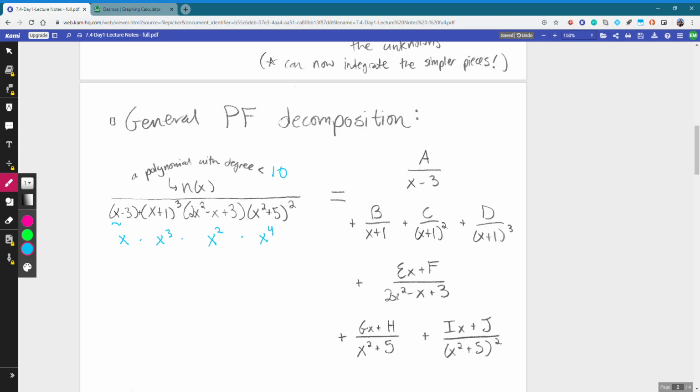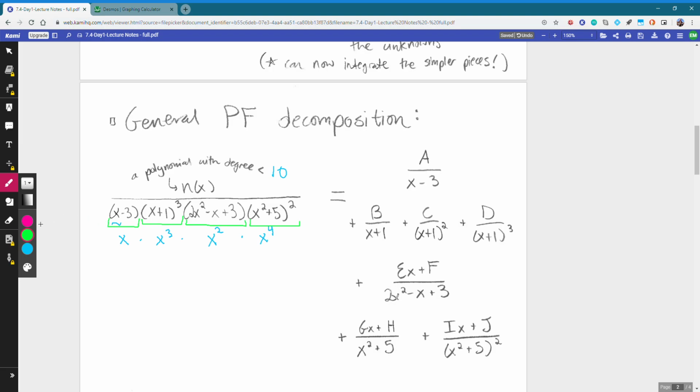And partial fraction says, well, to each one of these factors, or piles of factors, and here I'm using the pile of factors language to mean we have some factor with an exponent, we're going to get an associated term over here on the right, or in some cases, a handful of terms. All right, so here's how this goes.